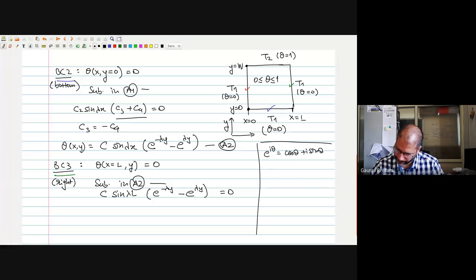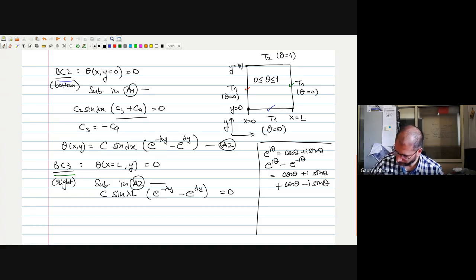So if I wanted to write sine theta, I'll write e to the power of i theta minus e to the power of minus i theta. So that becomes cos theta plus i sine theta minus cos theta, and then e to the power of minus i theta, and that becomes, sorry, this becomes a plus and this becomes a minus.